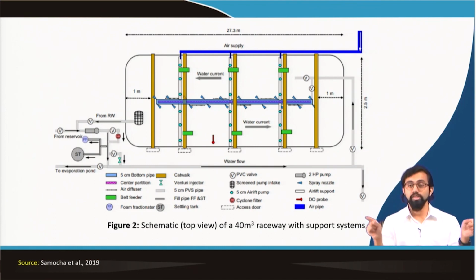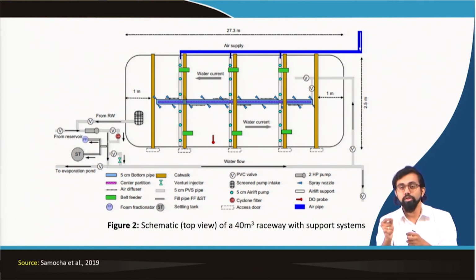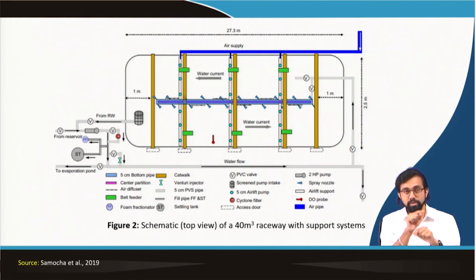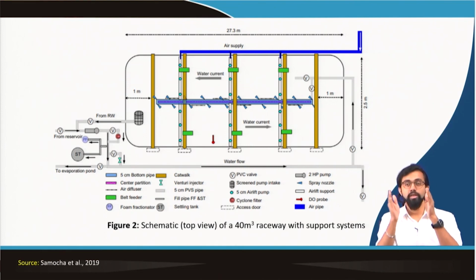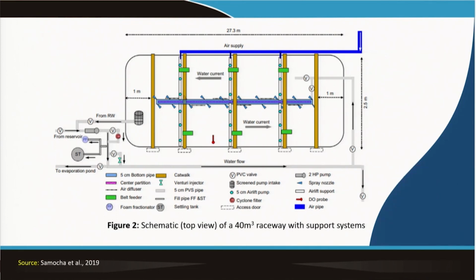Because the pond is very long, you have to reach a certain portion of the raceway, so we have this kind of catwalk. The dotted one is the access door; you open the door and go to the catwalk. The three catwalks present in the middle have bottom feeders incorporated, and they are also attached to the airlift support.